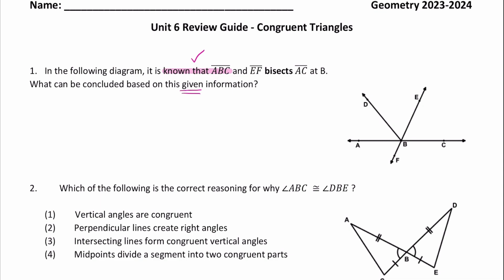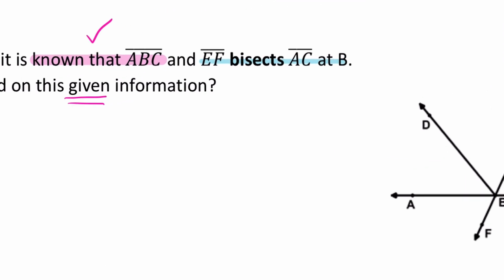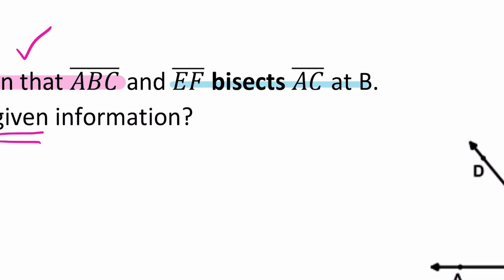The next thing I need to know is that EF bisects AC at B. Now this is really, really vital information. If you've been keeping up with me in class, you know that every time I see the word bisects, I often circle it because I need to remember that bisect means to cut in half.